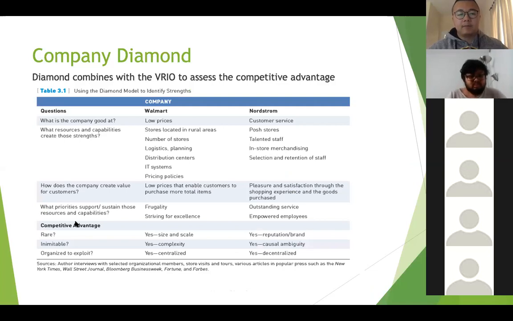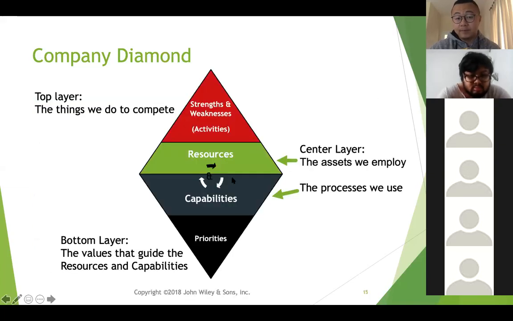So you might remember this picture from the lecture. Walmart and Nordstrom: here they use a tool to analyze the two different companies, and at the very beginning they use some questions to let you know the different parts of the diamond analysis.